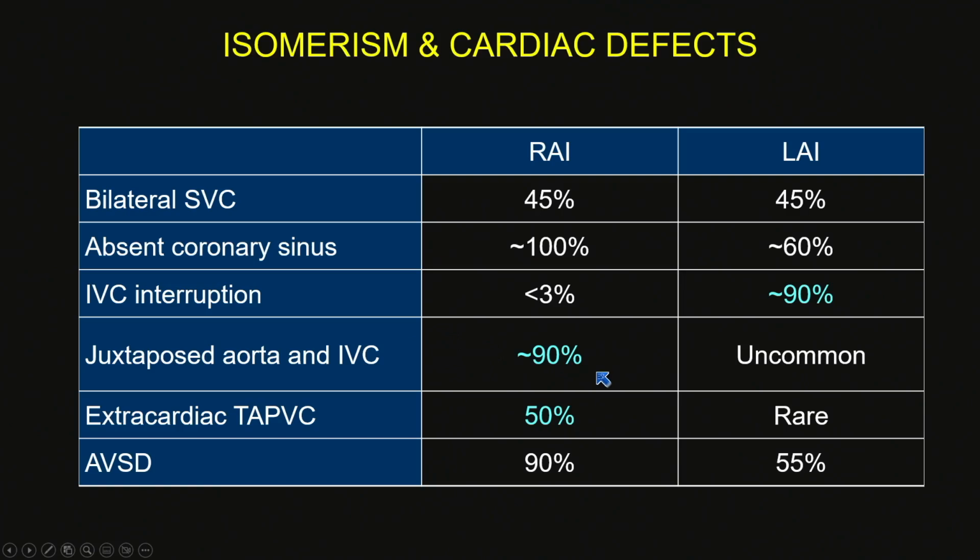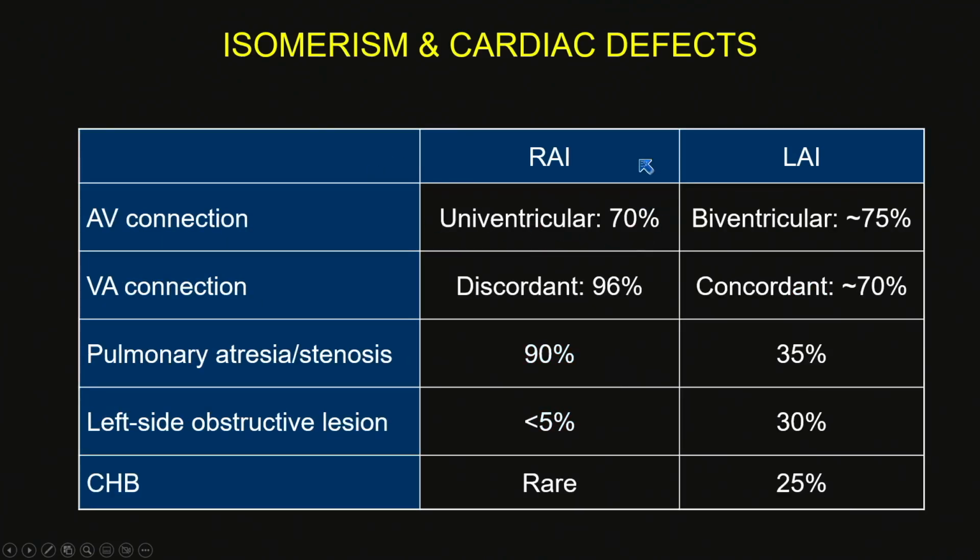Then, because they're mainly unbalanced, univentricular repair is the usual outcome of right isomerism, while you can fix the left isomerism in most patients. The great arteries are discordant, so transposed, with right isomerism, but concordant with left isomerism.